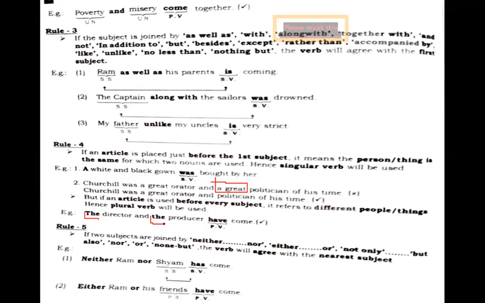That means we don't talk about the far one, we talk about the nearest one. See the example: neither Ram nor Sham has come. So "has" is the verb here, and it agrees with the nearest subject, which is Sham. Either Ram or his friends have come, because "his friends" is the one nearest to the verb. That's why "have" is applied.